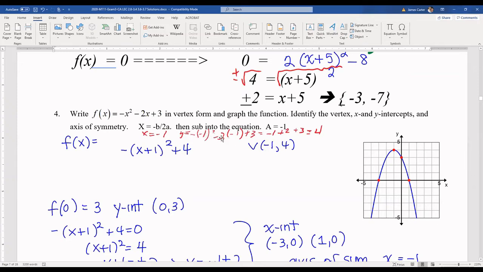We substitute in -1 into the equation, and we get +4 for the y value of the vertex. Because that's negative, this opens downwards. The y-intercept is (0, 3), right over here. So we've got this point, that point by symmetry.